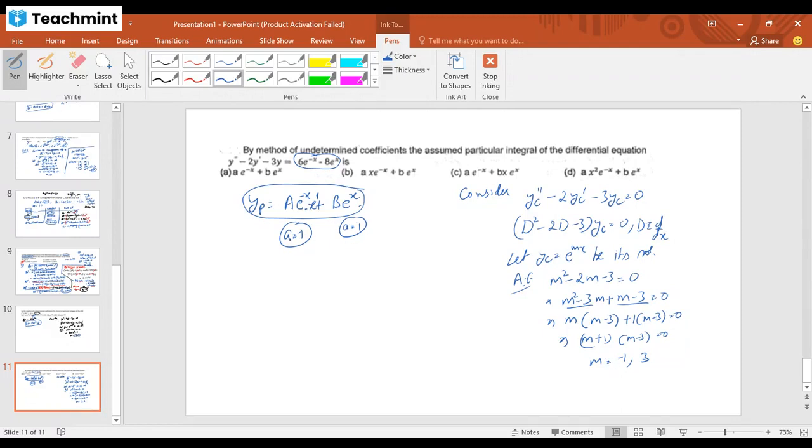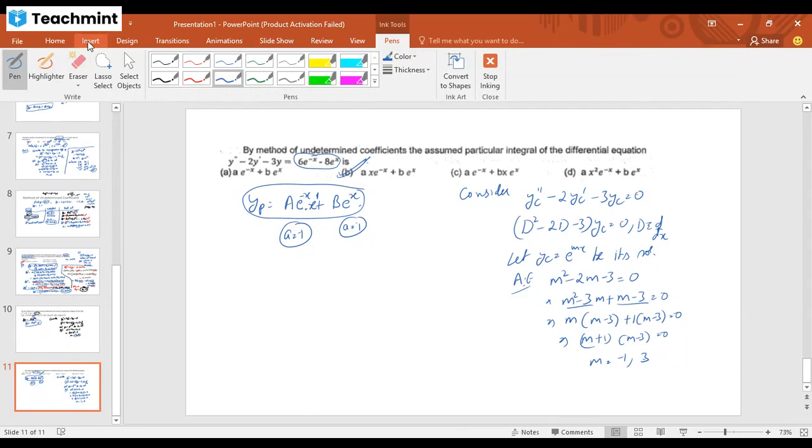So what is the trial solution? A x e power minus x plus b times e power x. This is the correct answer in this case. Is it clear to all of you? I hope so. Okay, one more problem.